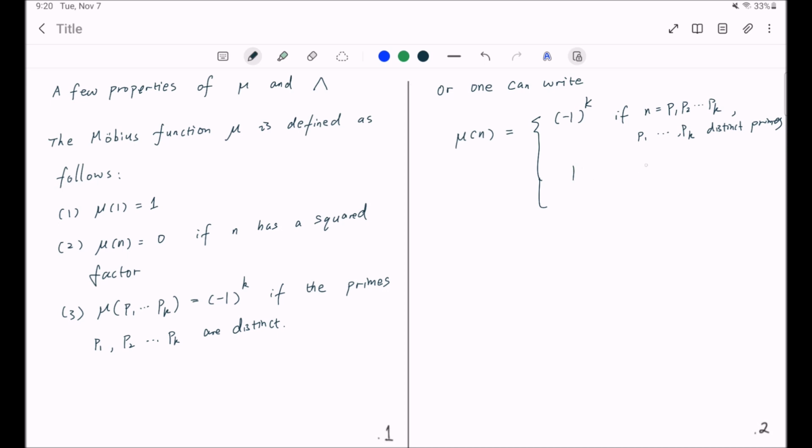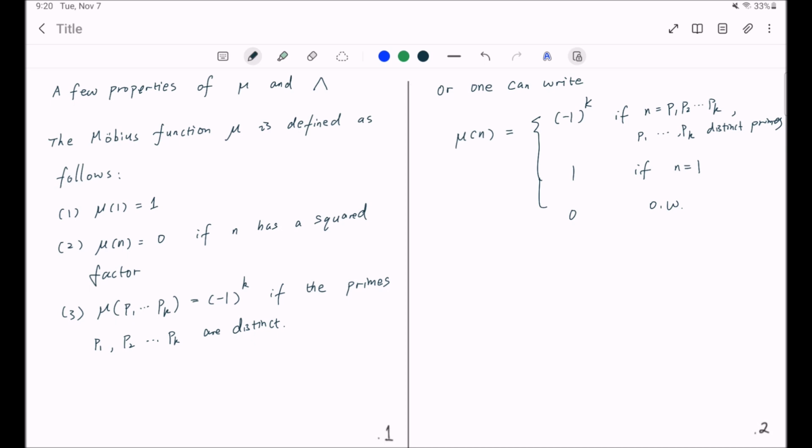And it is equal to 1 if n is equal to 1, and 0 otherwise, in which case there's a non-trivial squared factor in n.